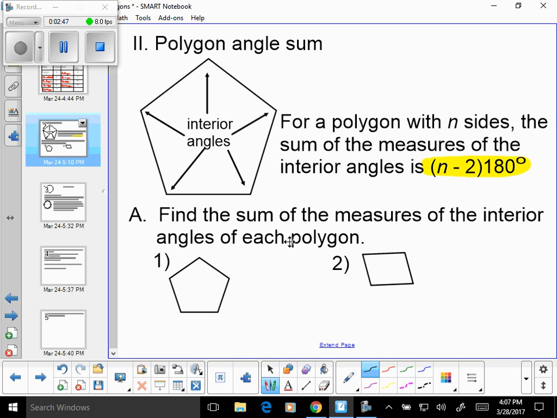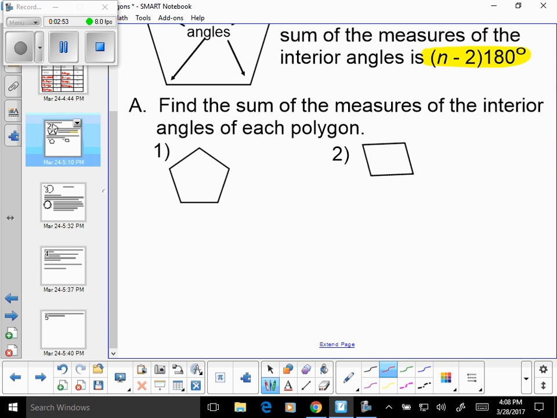Now we're going to be working with that formula as we work through a couple of examples. Find the sum of the measures of the interior angles of each polygon. It really doesn't matter if you take 180 times the quantity n minus 2, or if you take the quantity n minus 2 times 180.